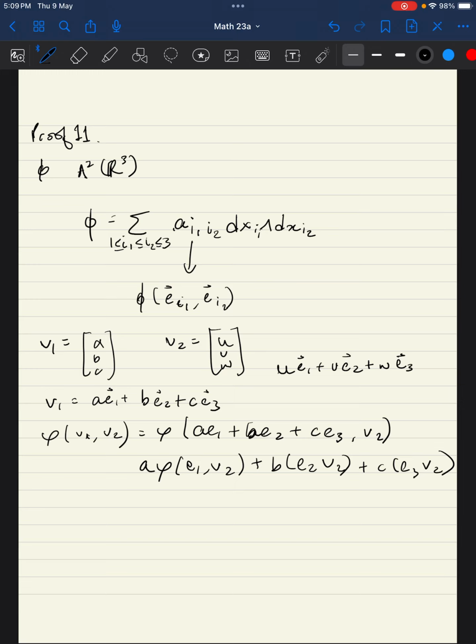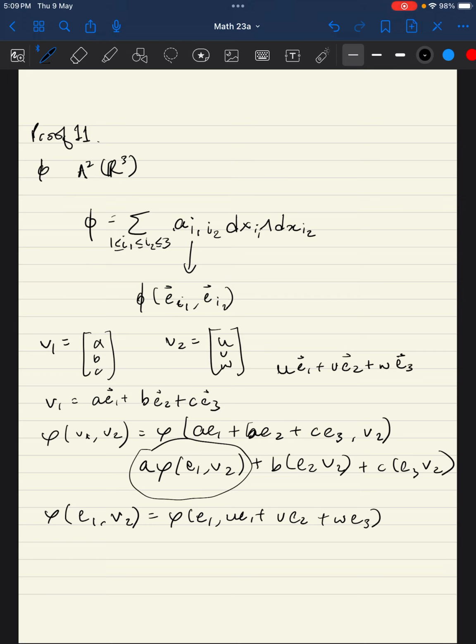So if you look at only the first term here, we can write this down as phi of E1, V2, so we can do phi of E1, UE1 plus VE2 plus WE3.